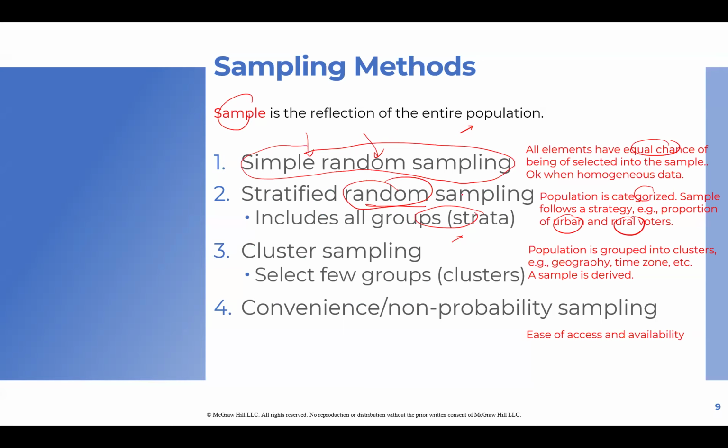Everybody is equally likely to be selected from those groups. And of course, you can decide how many from this group and how many from that group, a kind of strategy for you.